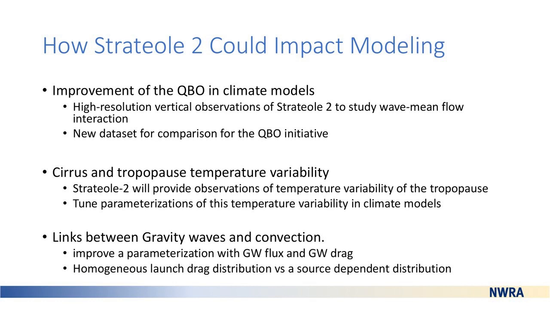And due to the high resolution of the vertical observations of the Strateole-2, we have the opportunity to study the interaction of these waves with the mean flow, and therefore this data set is also a new opportunity for the QBO initiative for comparison studies in order to improve the parameterizations of the equatorial waves to further improve the representation of the QBO in climate models.